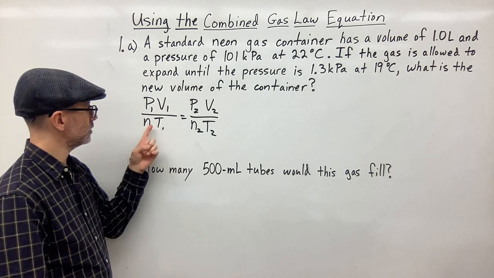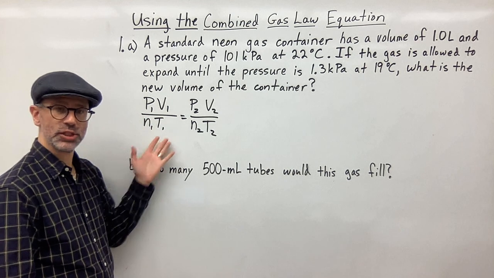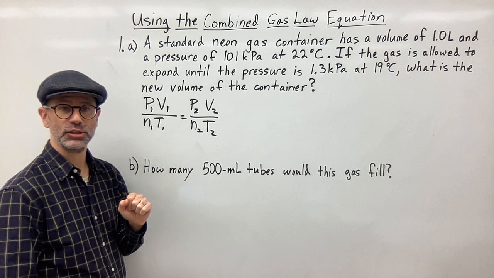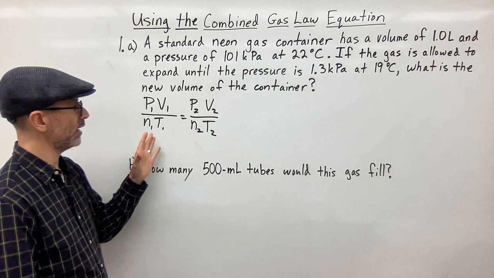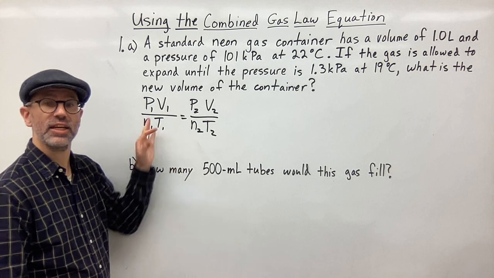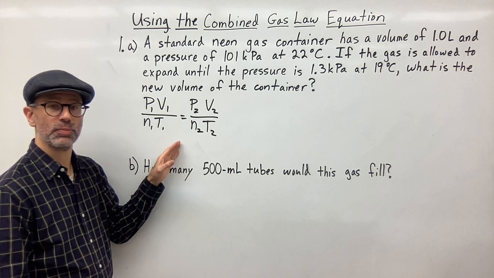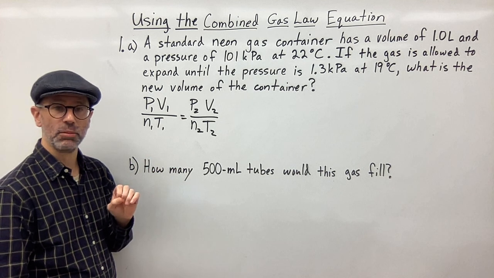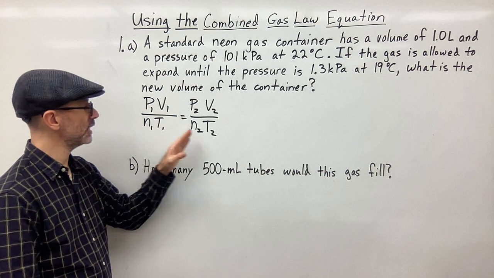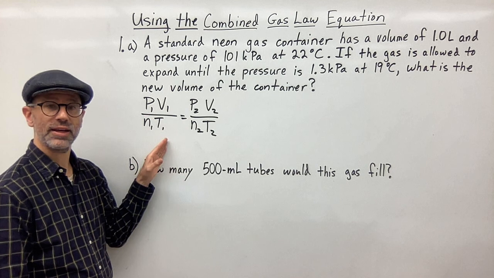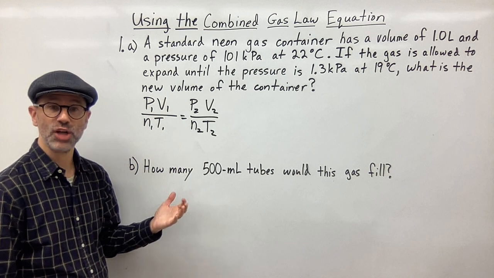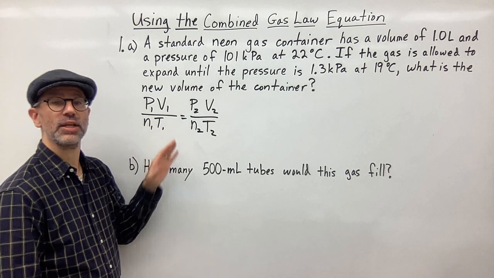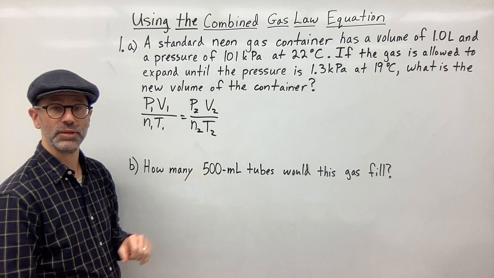And so the ones represent what you initially start with, and the twos represent what you ended with after the change. Now, the way you're going to decide what equation you're going to use for your particular problem is to identify what is constant or not mentioned in the problem. If it's constant, you just simply get rid of it from the equation, and what's left over is the equation you're going to solve. If it's not mentioned in the problem, then you can assume it's constant and get rid of it from the equation.